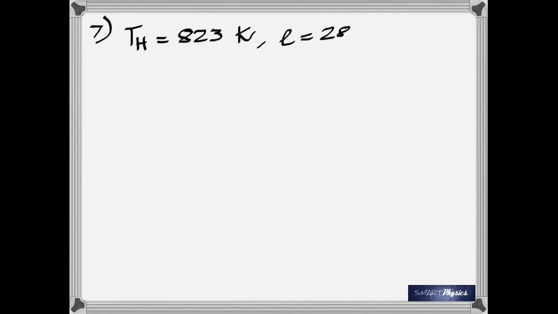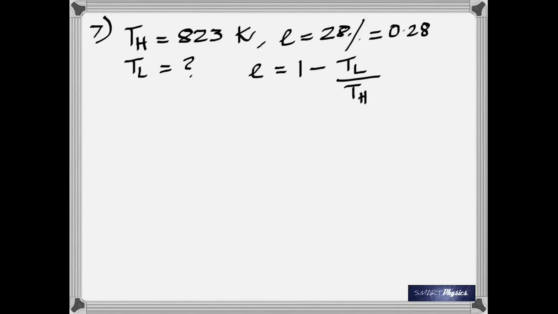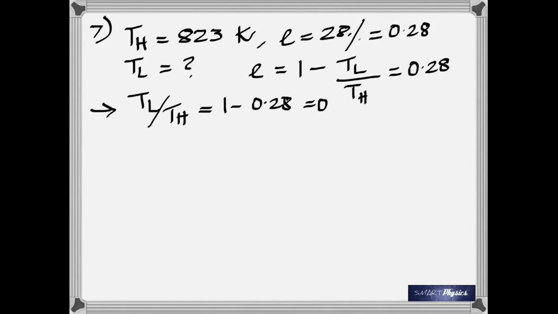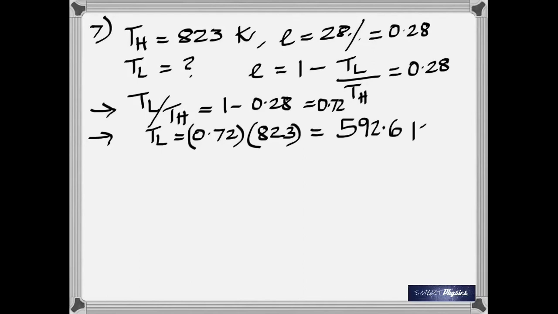It's number 7. Efficiency has got to be changed from percentage into a decimal before you plug it into the equation. That gives you 592.6 Kelvin.